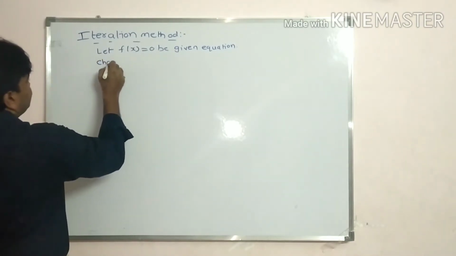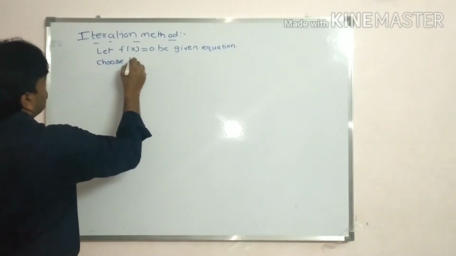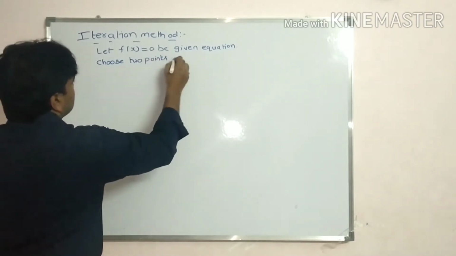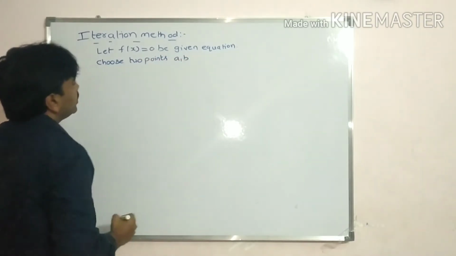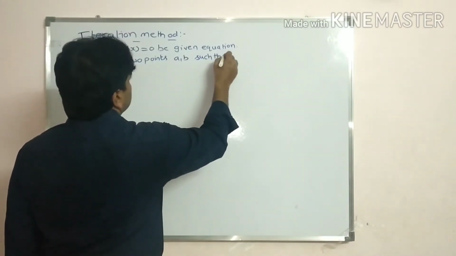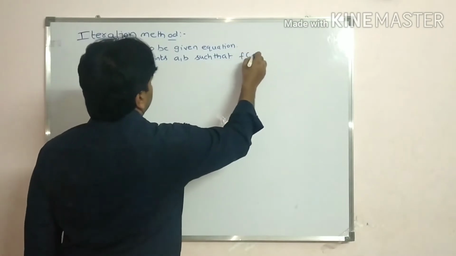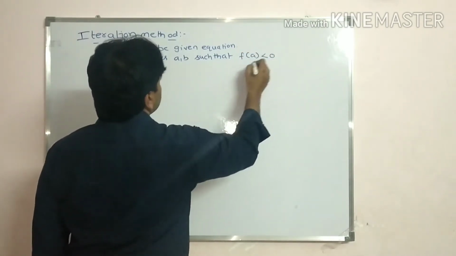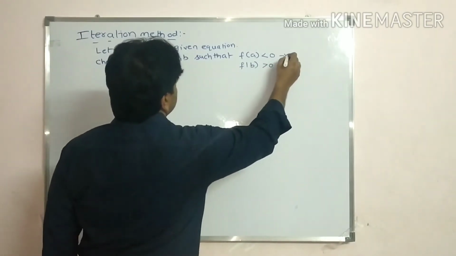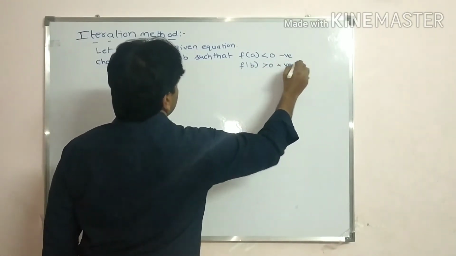Choose 2 points A and B such that f of A value is less than 0 and f of B value greater than 0. That means it is negative and it is positive.